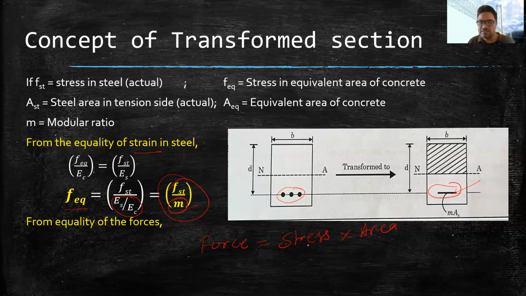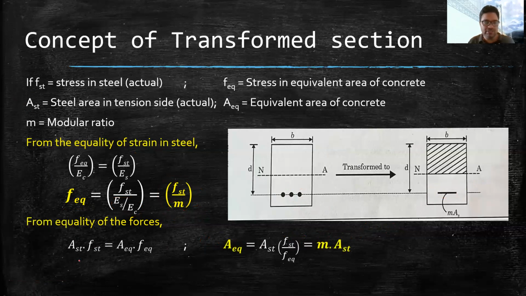So if we replace stress in equivalent area and stress in steel, similarly area of equivalent part and area of the cross section of the steel, we will use the same relationship and we'll get the equivalent area expression. In the second formula, you can see the AST multiplied by FST. AST is the area of steel in the tension and FST is the actual stress in the steel. So this is the force in steel bar.